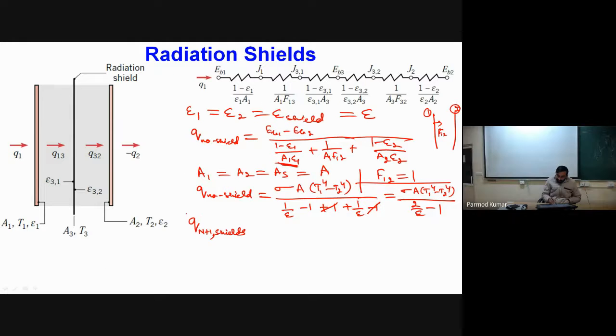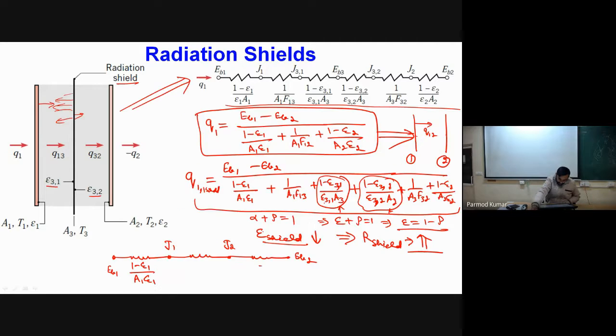So when I have, say, n shields, okay, now upon the introduction of the one shield, this was our resistance. Okay, so can you tell me, if we are introducing one shield and applying this special case, what will be my final formulation? Q1 shield, and whatever the assumption of area and view factor I have taken in the earlier slides, and for emissivity, I am applying all these.